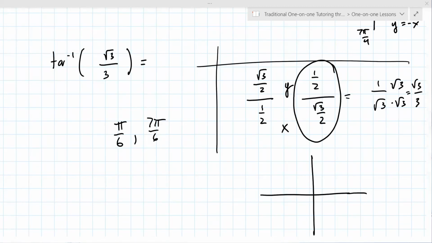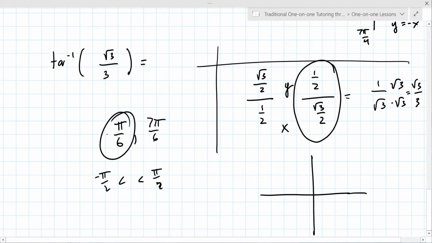Okay, so which of those is between minus pi over 2 and pi over 2? Pi over 6. Well, obviously the first one, right? Yeah, so there's your answer. Okay, so there's nothing any more difficult than these questions.